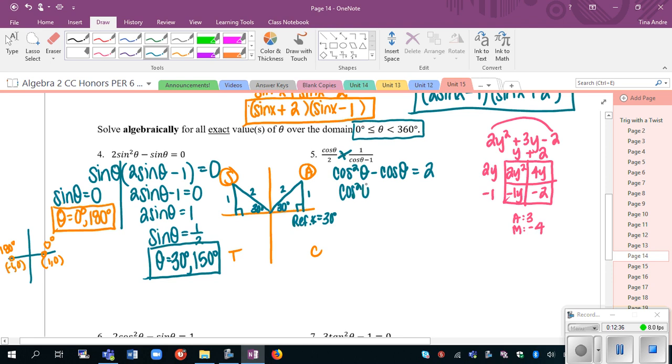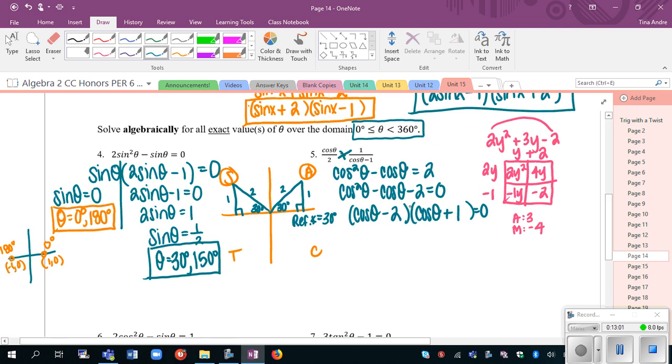So now I'm going to bring that 2 over to the other side. Now I want to think about factoring this. So we're going to have a cosine theta and a cosine theta. And if we factor, we're looking at adding to -1, multiplying to -2. So -2 plus 1 would do that.